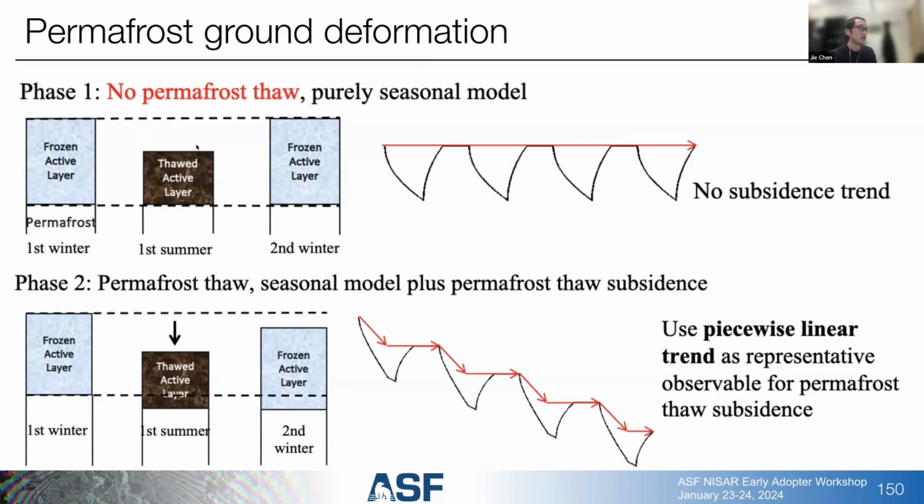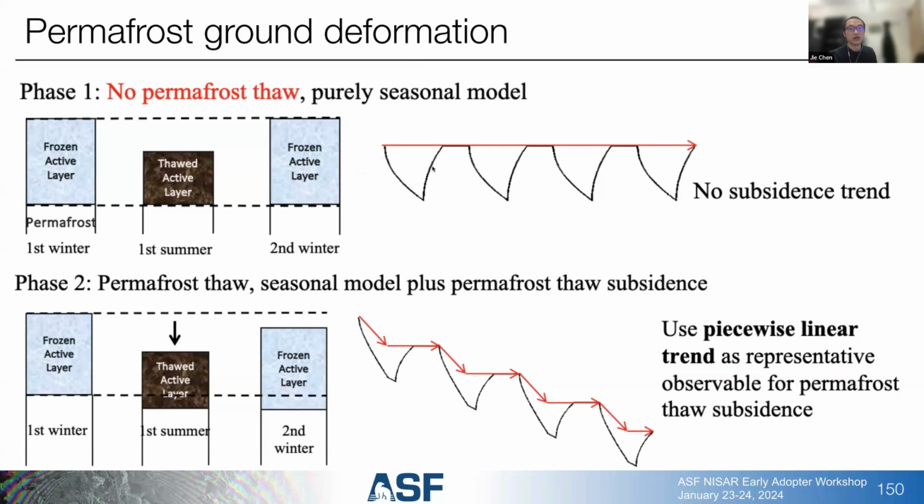Then in winter, the thawed active layer refreezes, causing ground uplift, or frost heave. So in general, the ground deformation in the active layer is a seasonal subsidence.